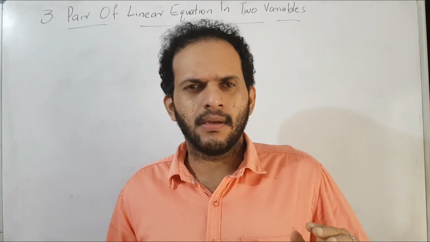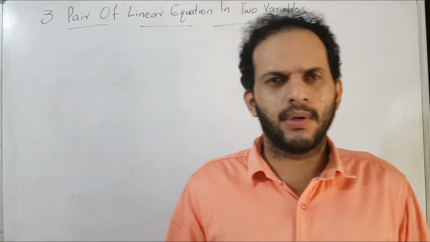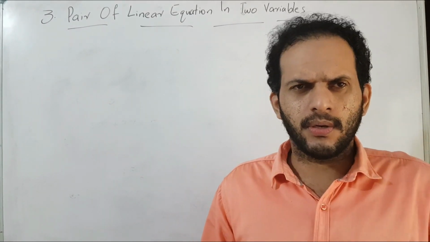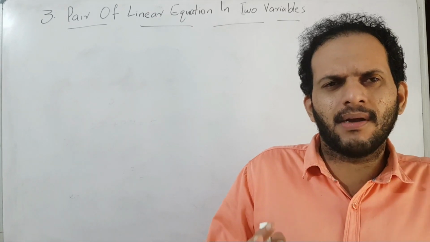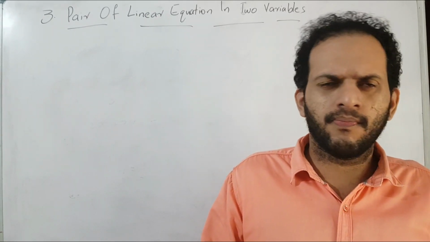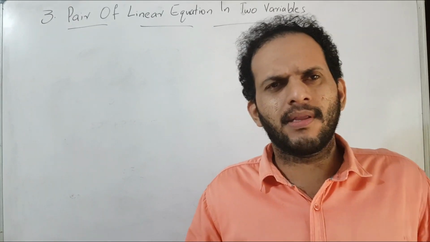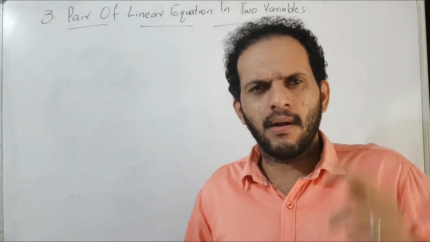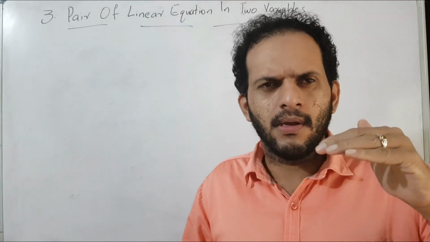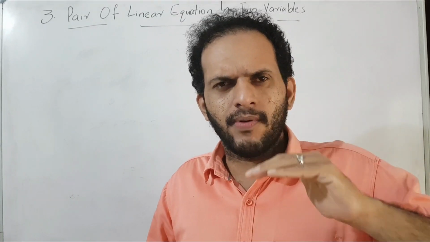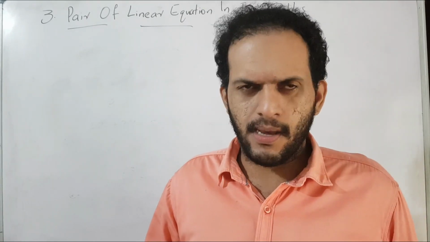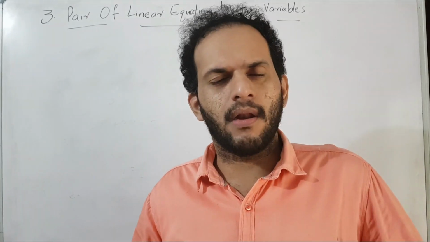Here we are discussing the pair of linear equations, that means two linear equations. Here we discuss all the conditions and properties of the pair of linear equations. We discuss everything on the basis of single linear equations. That's the only difference, but the applications and how to find the solution are the same idea as what we studied last year.